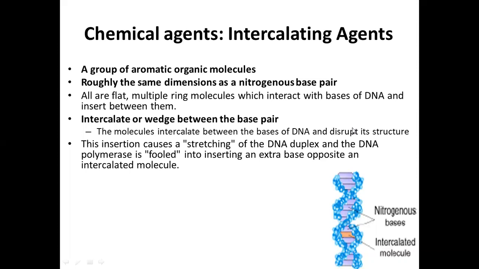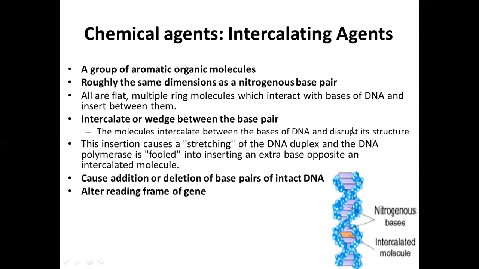The DNA polymerase will not know that there has been an insertion of this intercalating agent and a stretching of the DNA. So that causes an addition or a deletion of a base pair to that intact DNA. This is going to alter the reading frame of the gene.